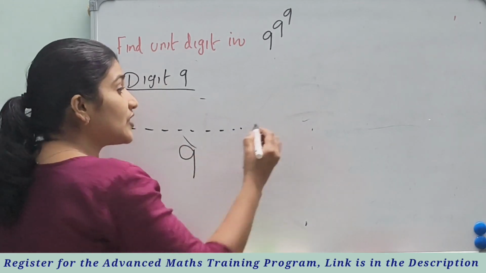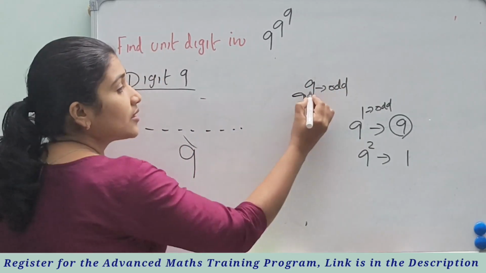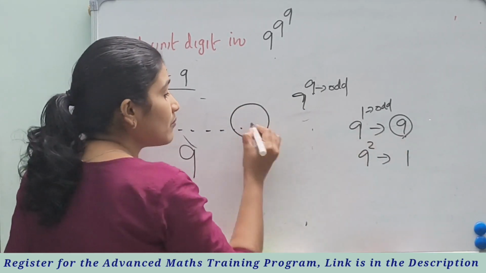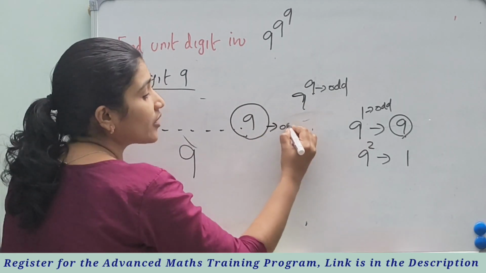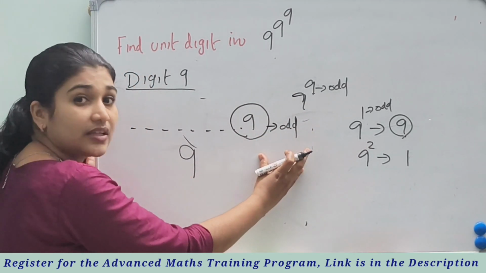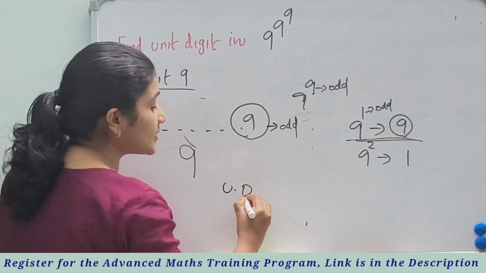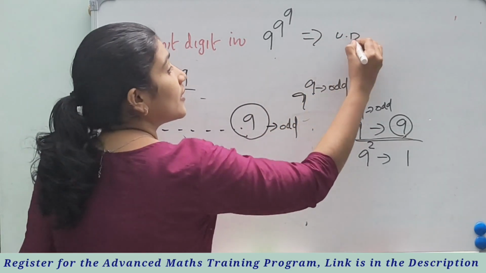But 9 raised to 9 means 9 is an odd number, so the unit digit will be 9. Again, this huge number is an odd number, and 9 raised to an odd number means the unit digit is 9. So the unit digit is 9 here.